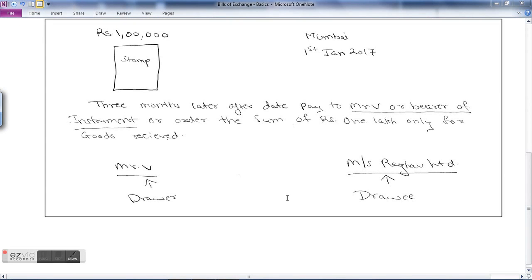Now let's see what is discounting of bill of exchange. Okay, so this is a bill of exchange which Mr. V and Sons has got. So what he'll do is he'll approach his bank, say ABC Bank Limited, and he'll show this bill. Okay, so what bank will do is, bank will see what is the amount of bill. So amount of bill here is 1 lakh.